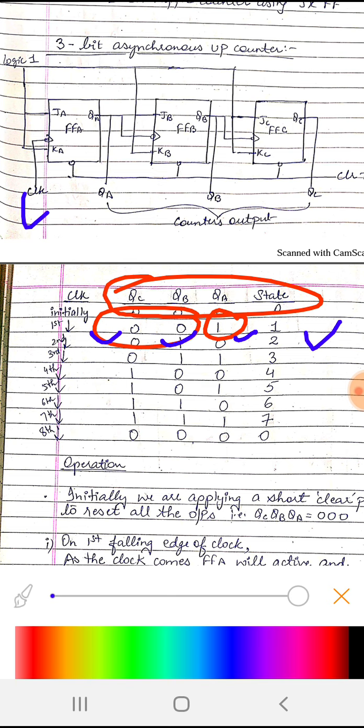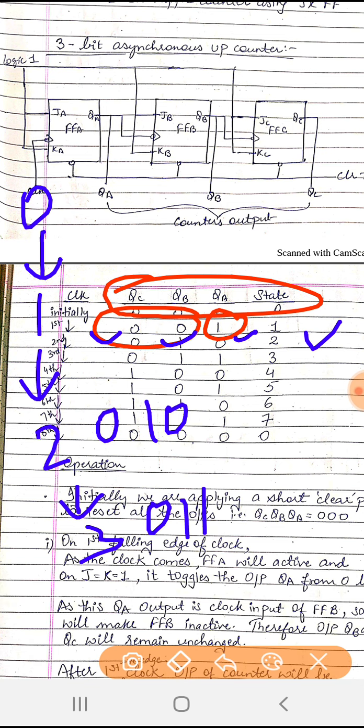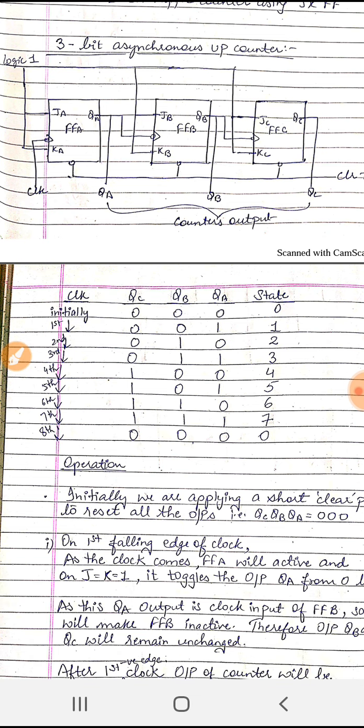So it has changed from 0 to 1 at the first stage, then to 2, that is 0 1 0 at the next falling edge, then it converts to 3, that is 0 1 1, and this is how it would go on.